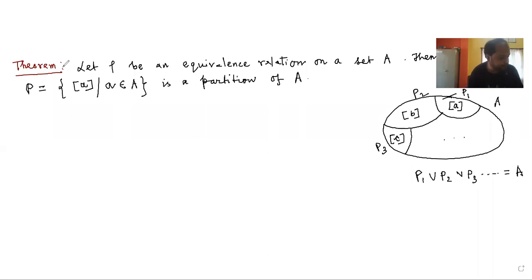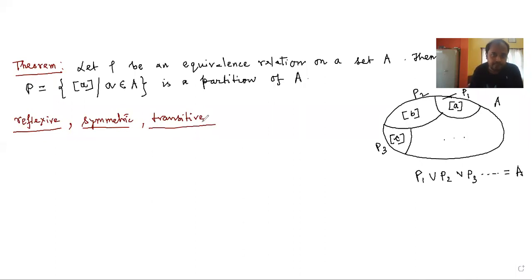Yesterday I talked about three different relations. One property was the reflexive relation. Another was the symmetric relation. And another was the transitive relation.